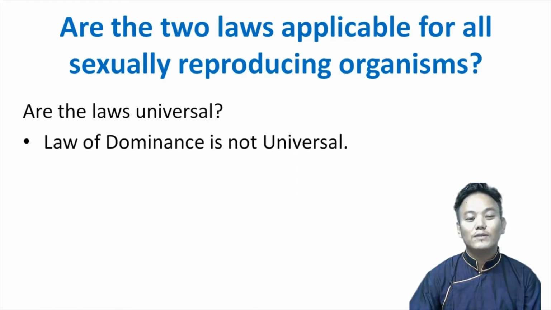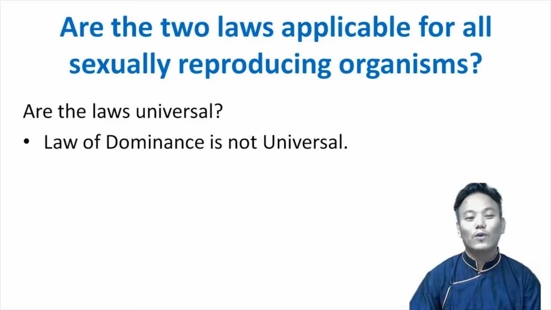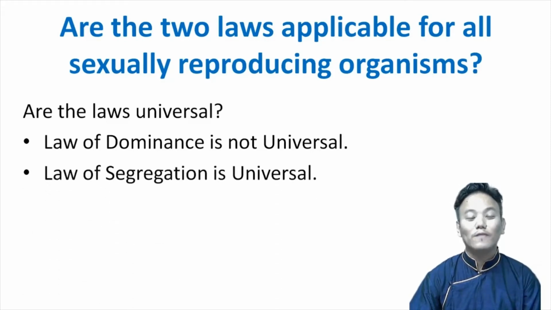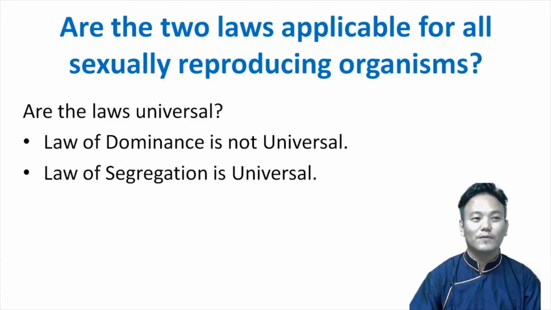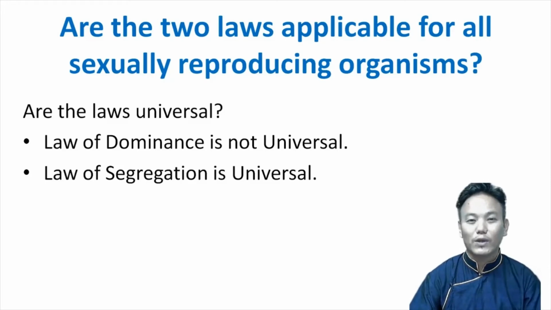The answer is that the law of dominance is not universal. The law of dominance is not applicable for all sexually reproducing organisms. Whereas the law of segregation, the way the alleles segregate during gamete formation, is universal. I think it's because of the universality of meiosis, which is involved in gamete formation.